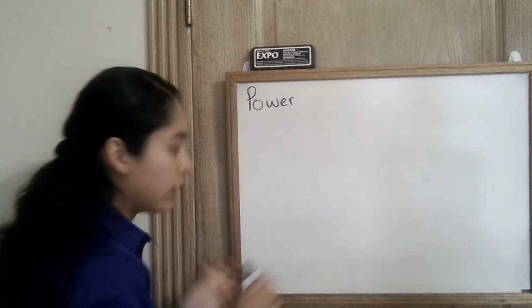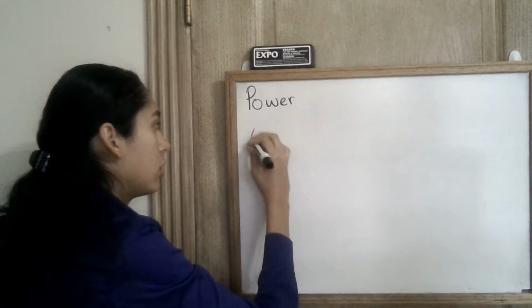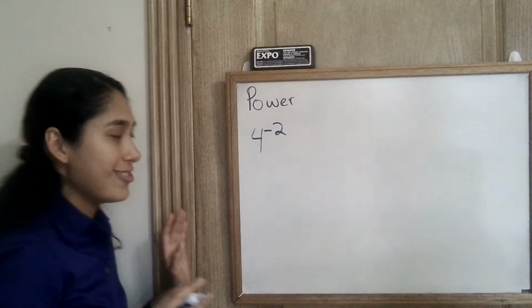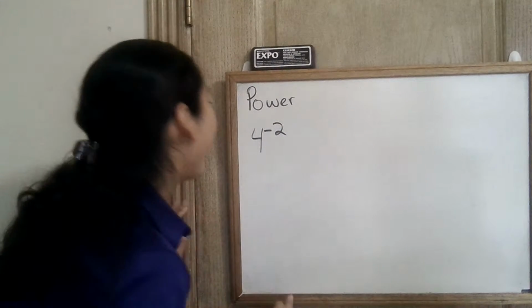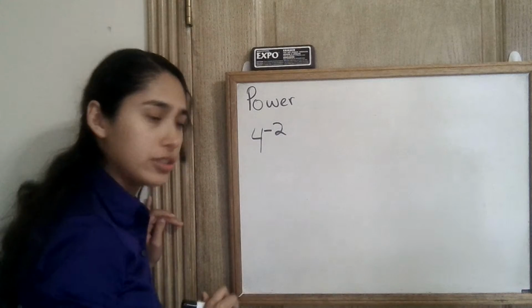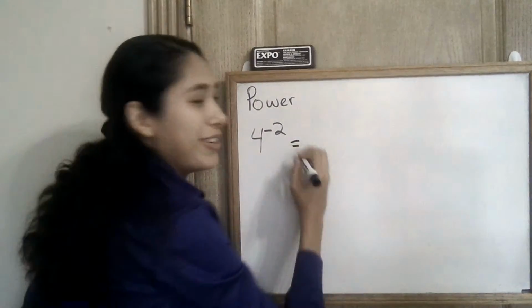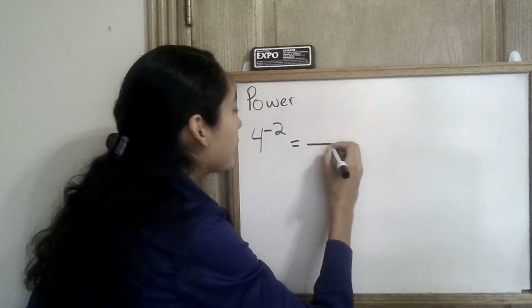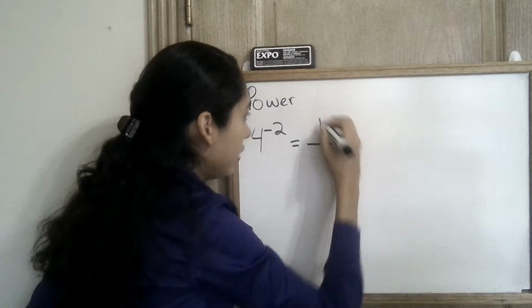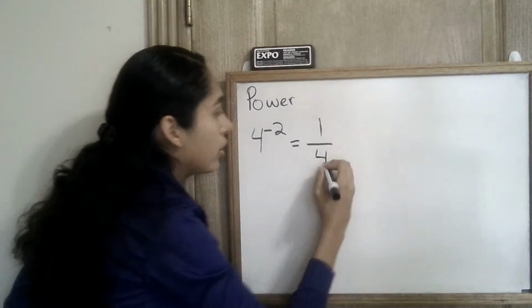Negatives are very interesting. They manifest very differently. So let's say I have 4 to the power of negative 2. When you have a negative power, you're actually going to have a fraction. We're going to have 1 here and 4 at the bottom.